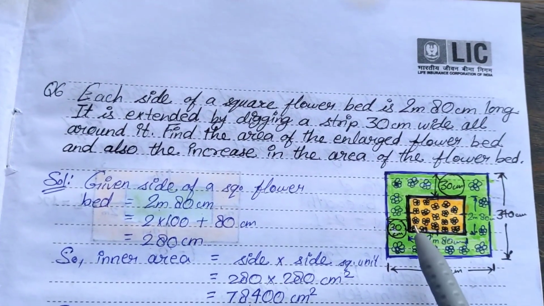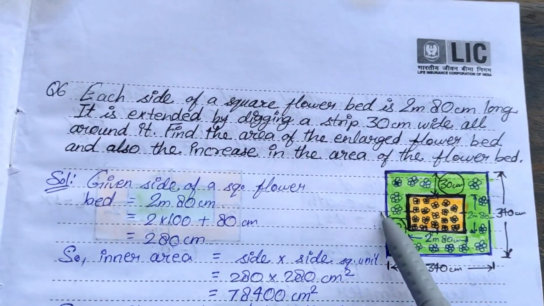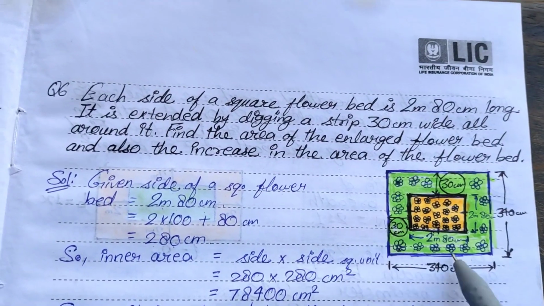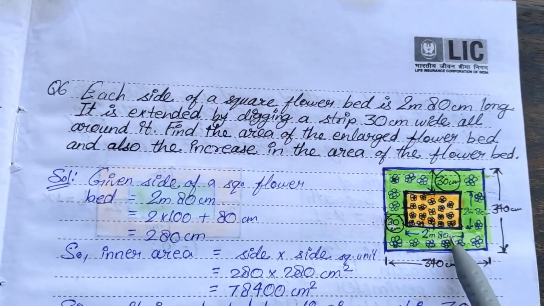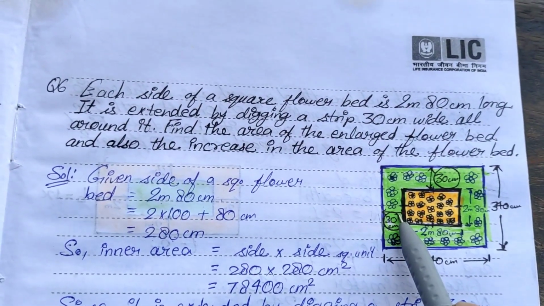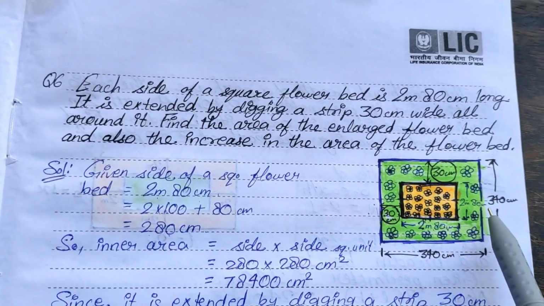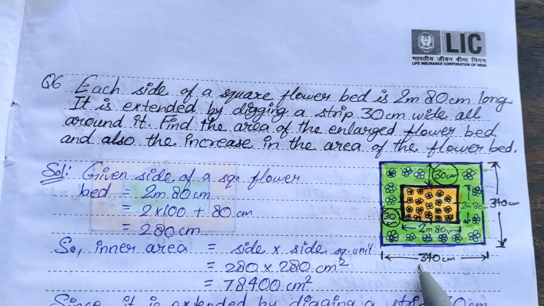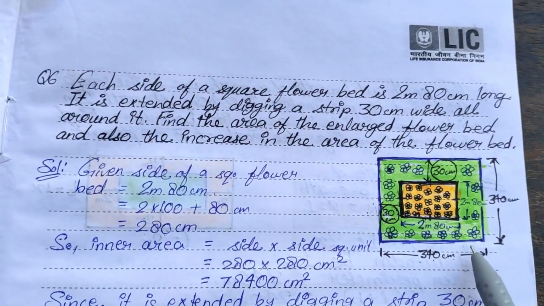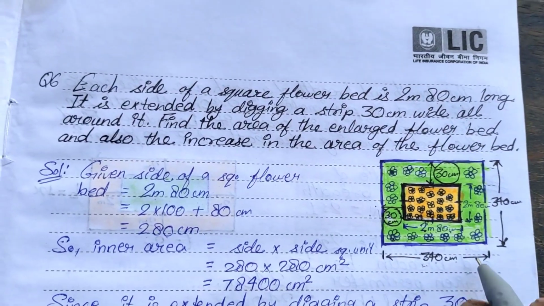So the new side of this whole figure, or say whole square flower bed, goes like 2 meter 80 centimeter plus 30 centimeter to the left plus 30 centimeter to the right side. So the new side becomes 340 centimeter, converting it into centimeter.